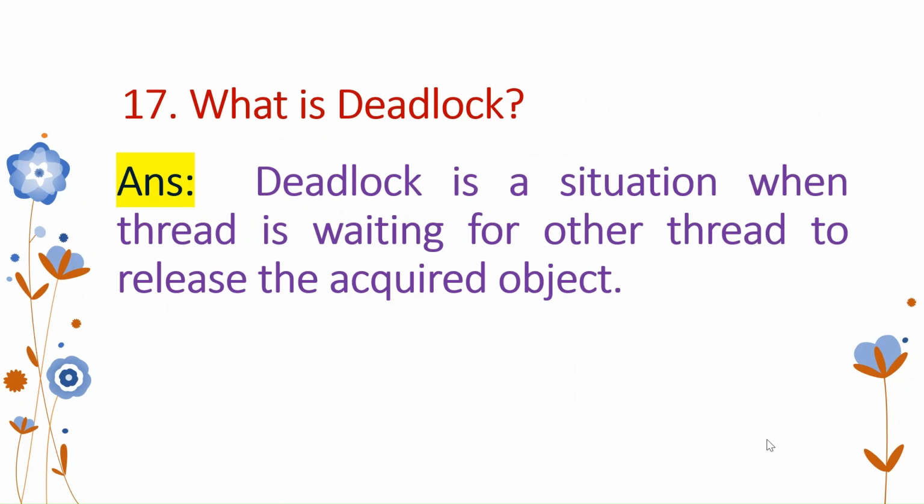So that situation leads to a deadlock where both the threads are waiting for each other to release. None of the threads wants to release their own resources. That situation leads to a deadlock.